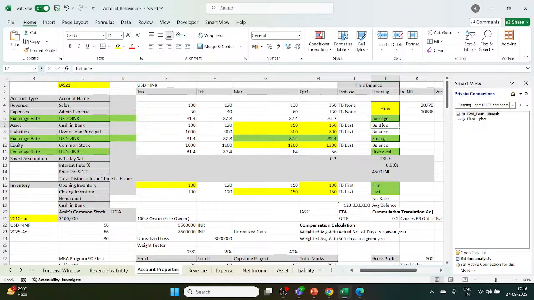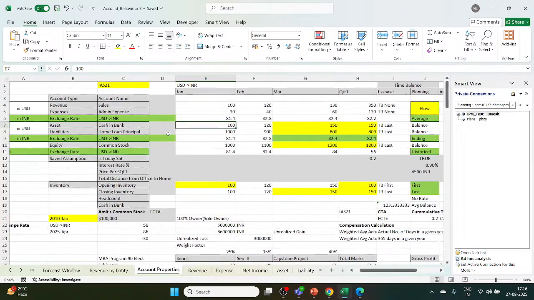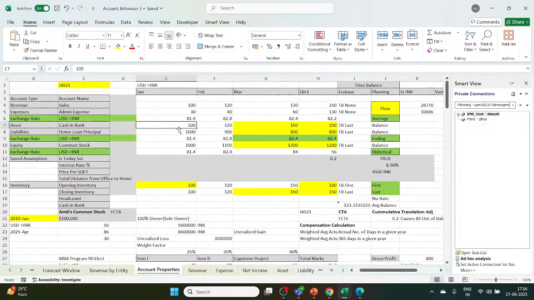Here is the balance property which we discussed yesterday. In the balance, the value which comes at last. In the January month, suppose the asset cash in bank is 100 rupees. In the February month it's 120, and in the March month it becomes 150.